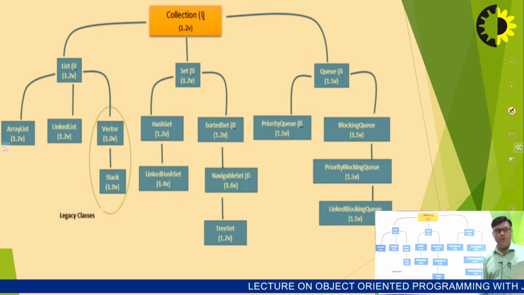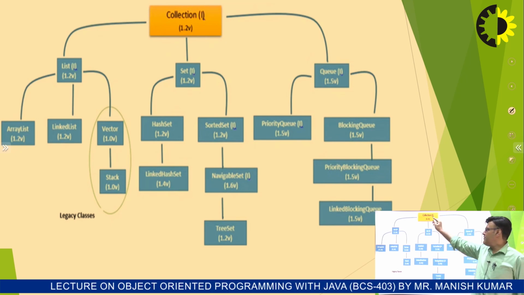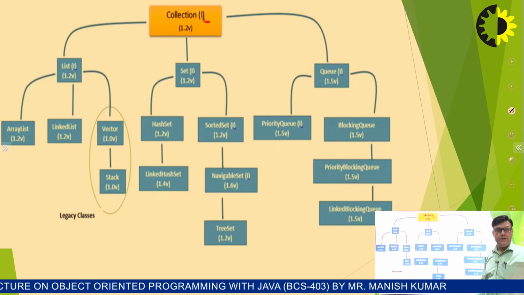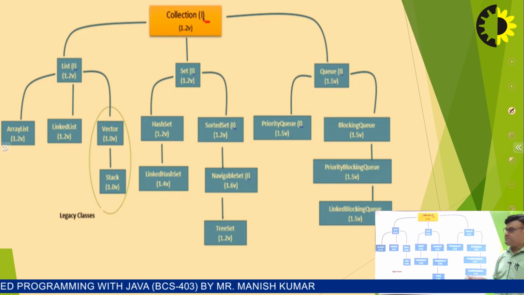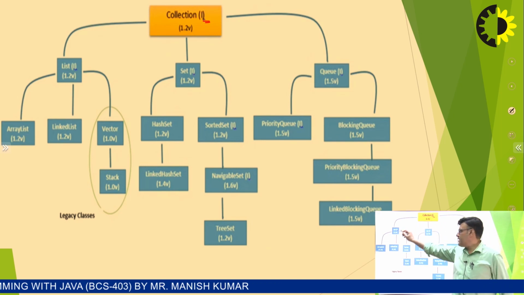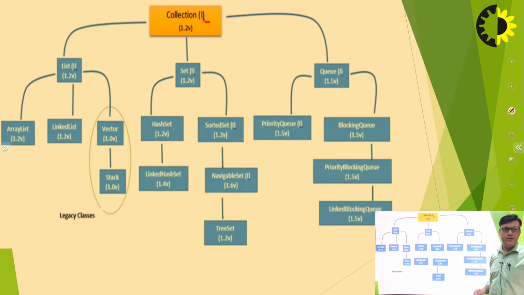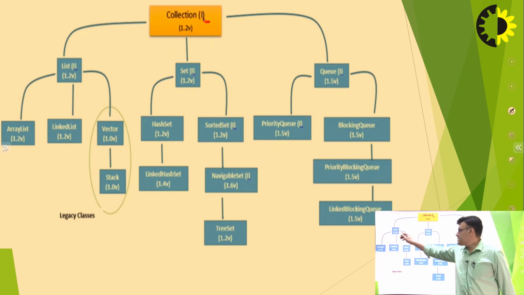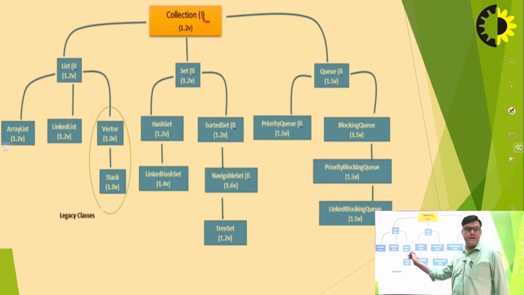Now you can see this is the diagrammatic overview of the collection framework. As we have just defined, the collection framework consists of a number of classes and interfaces. So in brackets I have used I, this is an interface. Collection is the base interface, the main interface, where the sub interfaces are List, number one, second one is Set, and third one is Queue. Under this List interface we have implementation classes called ArrayList, LinkedList, Vector, and Stack.